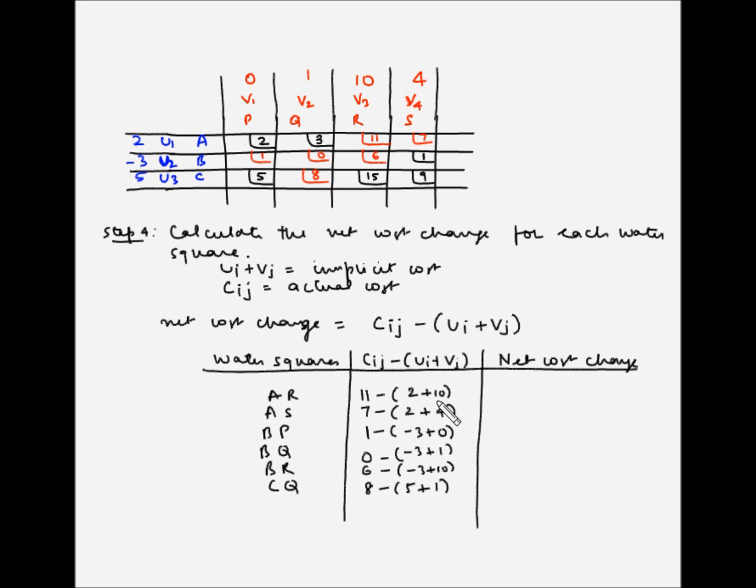So 2 plus 10 is 12, 11 minus 12 is minus 1. 2 plus 4 is 6, 7 minus 6 is 1. Minus 3 plus 0 is minus 3, so 1 minus minus 3 becomes 1 plus 3, so this is 4. 0 minus, minus 3 plus 1, so minus 3 plus 1 is minus 2, and minus 2 multiplied by minus 1 is 2.